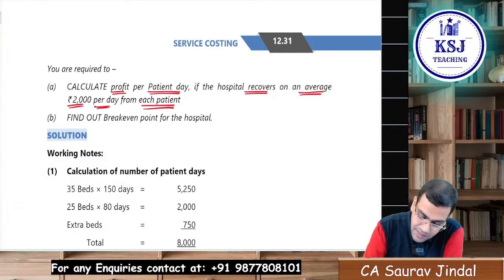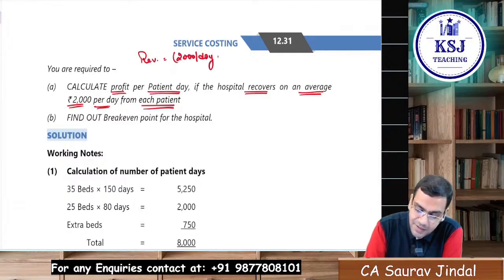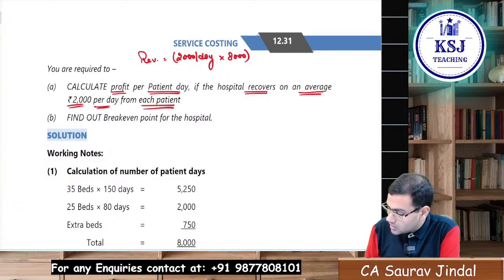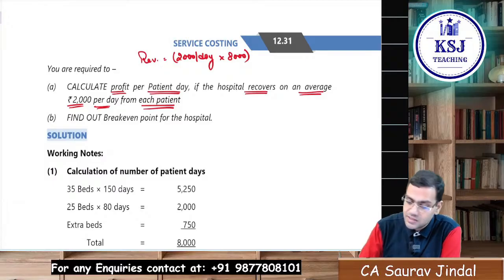So what will be the revenue here? The revenue will be 2000 per day multiplied by how many patient days, sir? 8000 patient days multiplied by 2000. How much, sir? 1 crore 60 lakhs, it is.